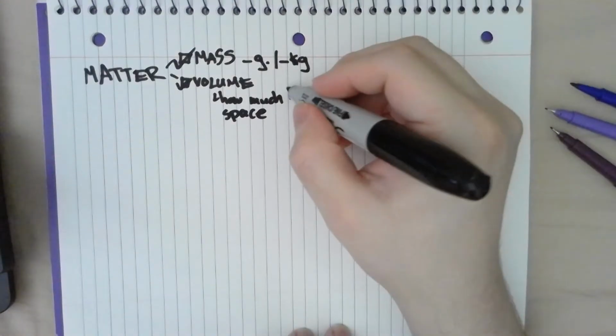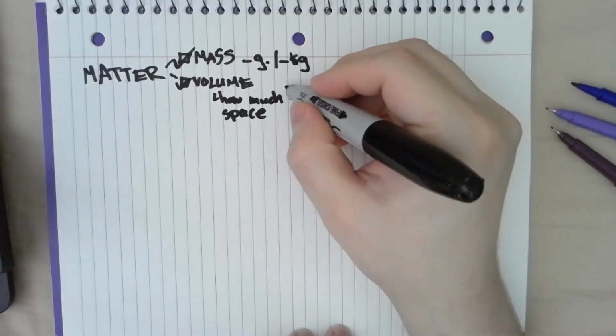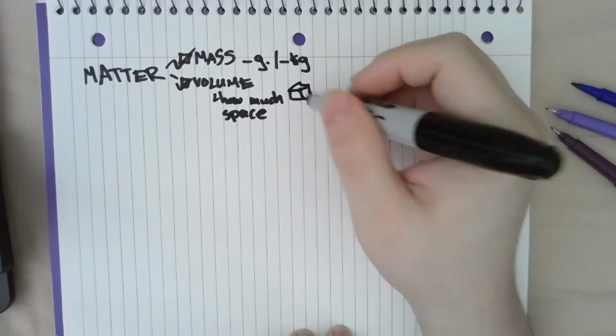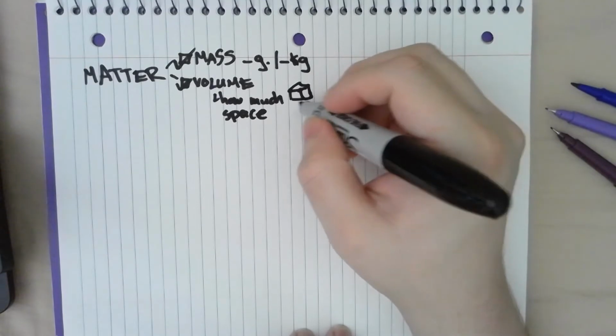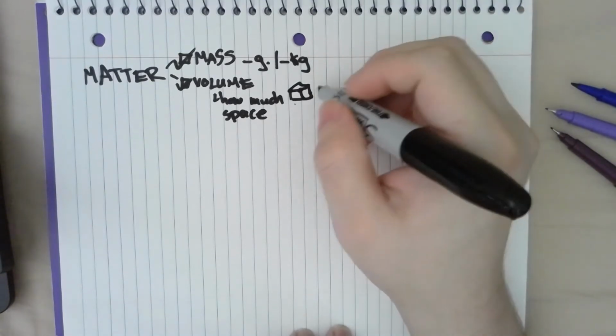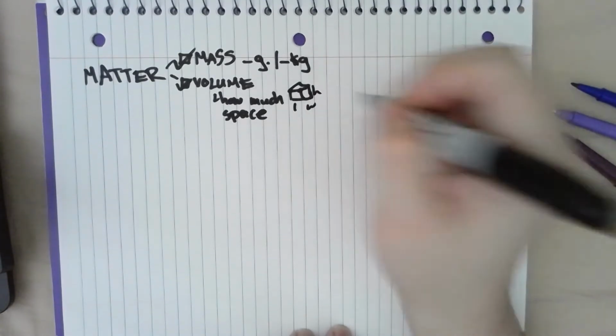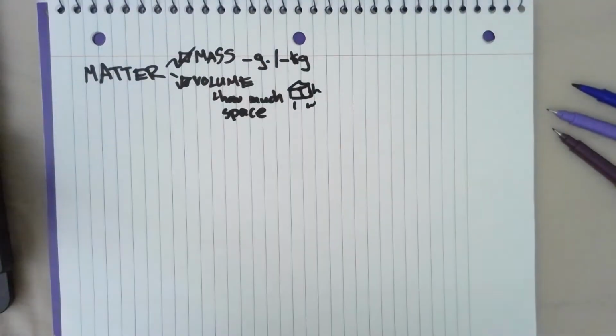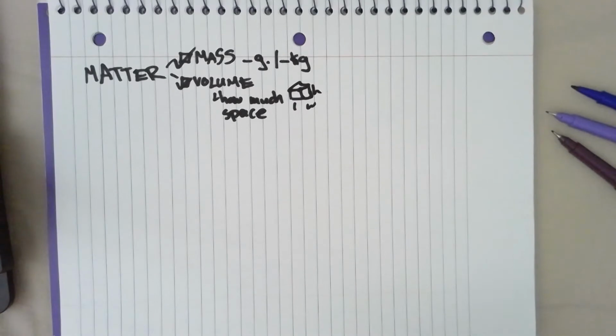In math class, maybe your teachers would ask, what is the volume of this cube? You would do length times width times height, and it tells you how much space an object takes up.